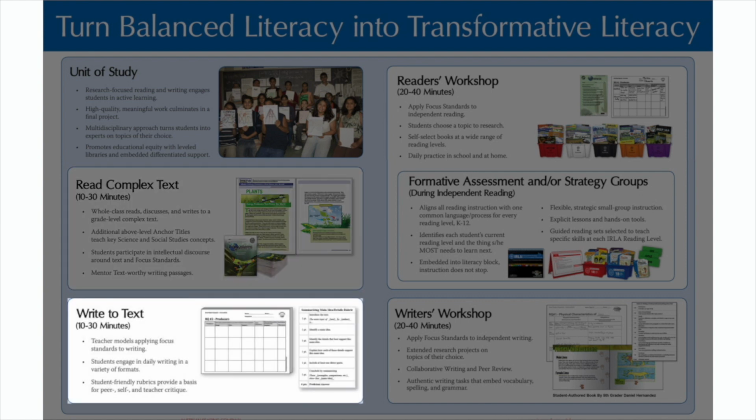After reading, students write to text in a variety of formats, like note-taking on their final project organizer, completing a thinking map for the focus standard, crafting a rubric-aligned constructed response, and more. Teachers use their observation of student work during this lesson component to make instructional and conferencing decisions.